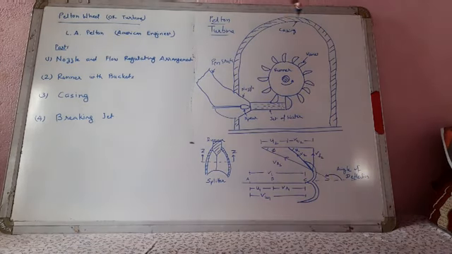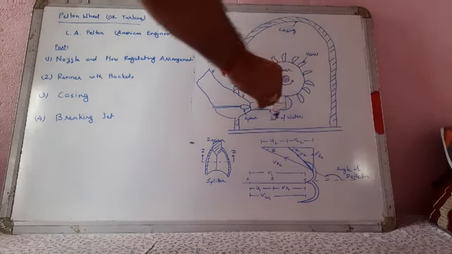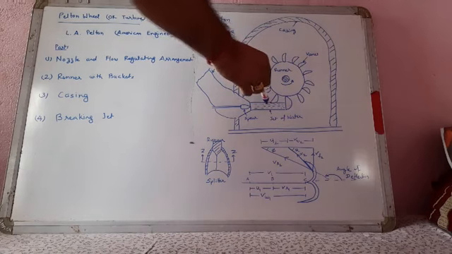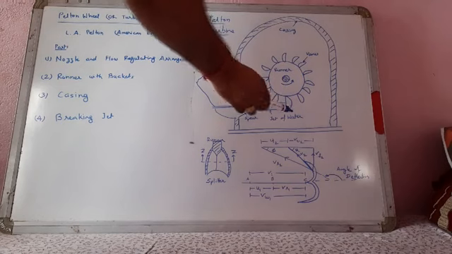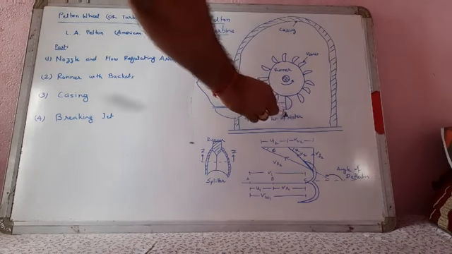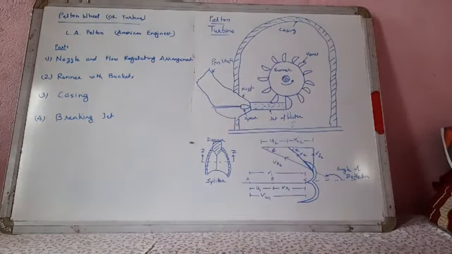This whole arrangement is under the casing, and it is open at the bottom, so if 100% of the water does not strike the vane, then some water may fall down from this side. It is possible that 100% of the water may not strike the vanes.